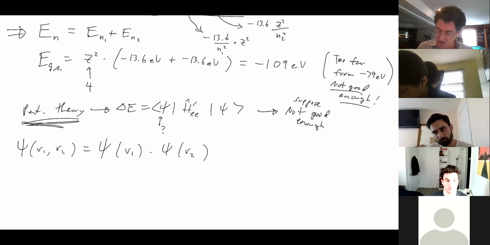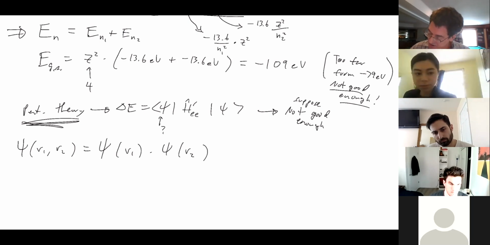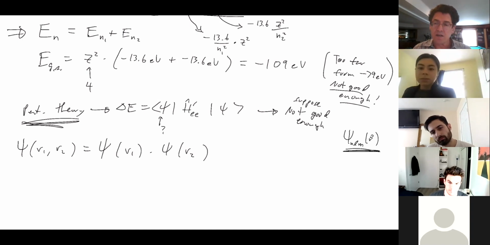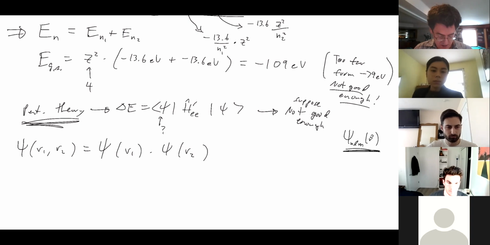So what is this function psi? Remember, nlm are the eigenstates of hydrogen. So what nlm is it? Isn't it 100?